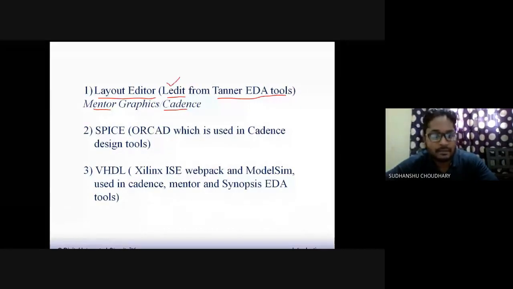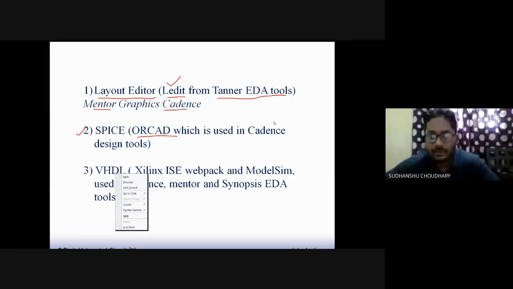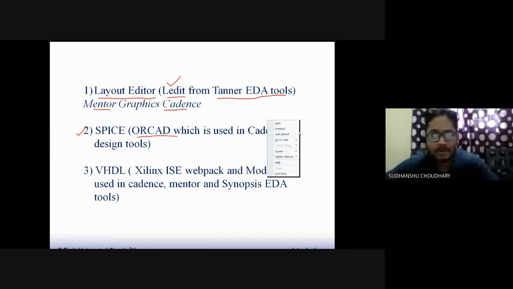The software's name is L-Edit. And for SPICE simulations, you will either use the student version copy of OrCAD PSpice, which is used in Cadence design tools, or you will use another SPICE software, which is also open source and free, called AimSpice.